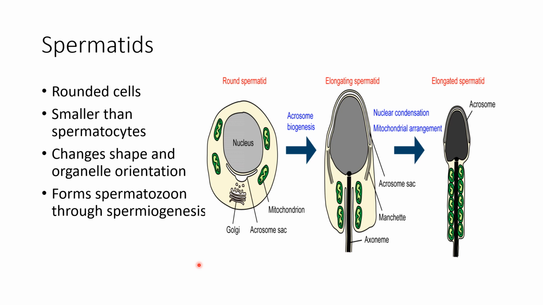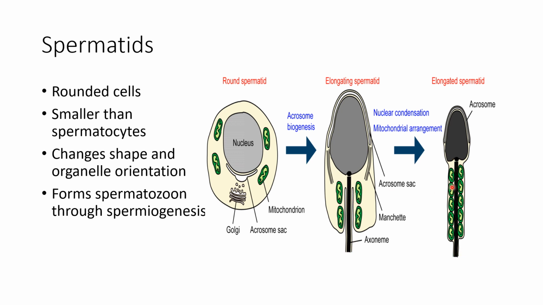So I've talked about the change in shape and the organelle orientation, and the Golgi apparatus sometimes being lost, and the mitochondrial arrangement following the microtubular structure in a parallel line.